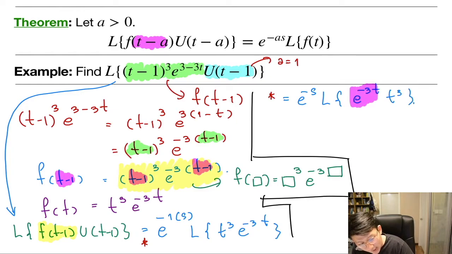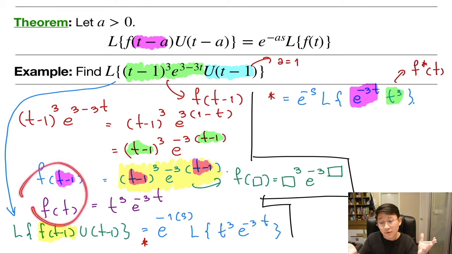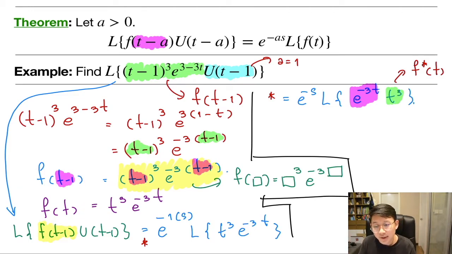We look at this as f star t. I don't use f(t) because we already have f(t) here, so I need to use some other f. So I use f star, just to make it correct mathematically.